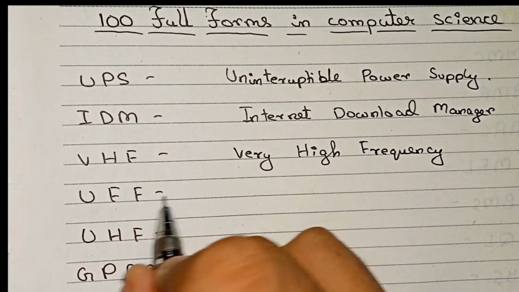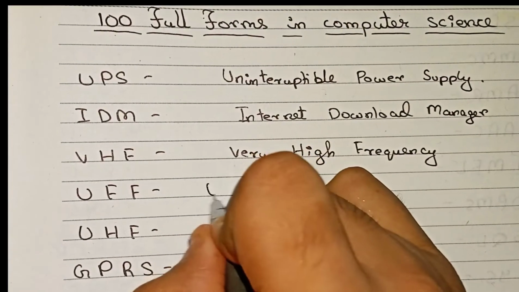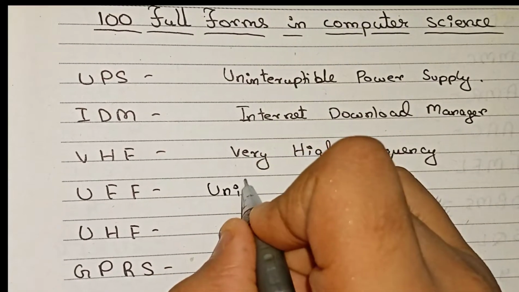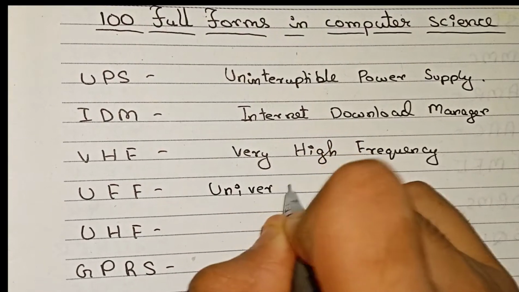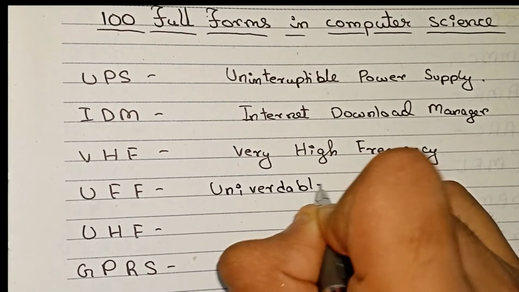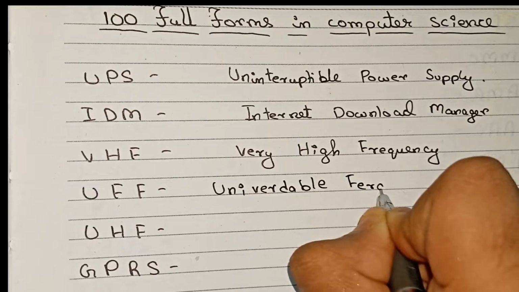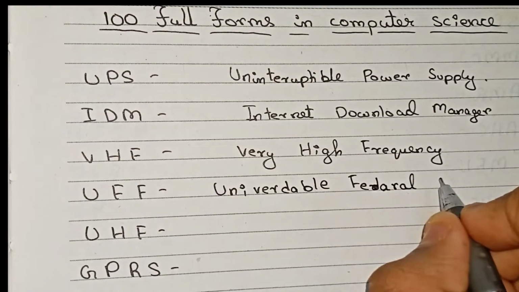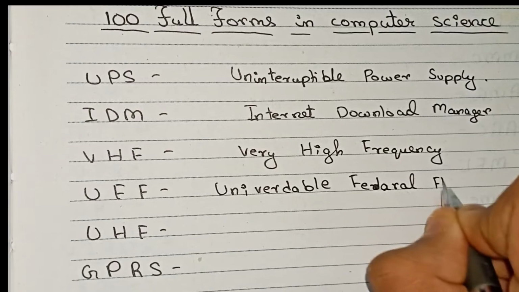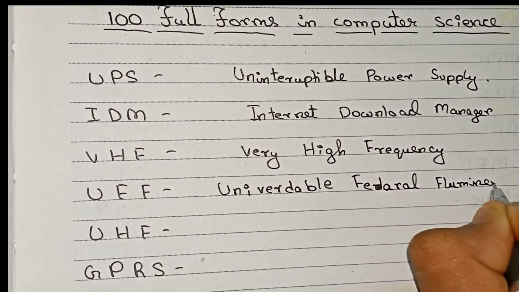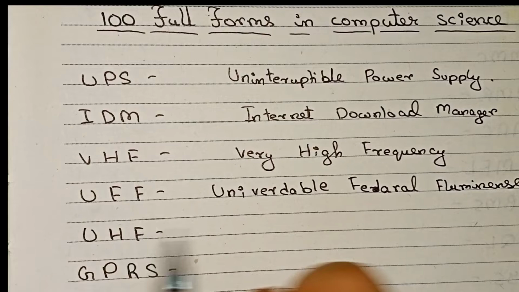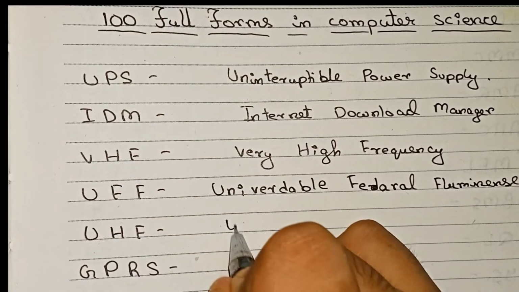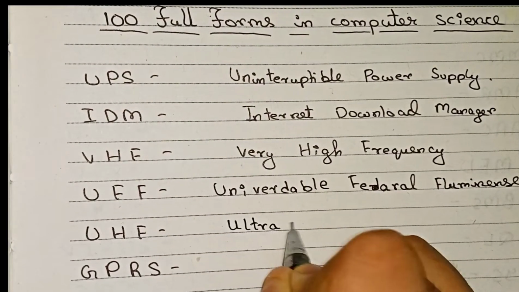Our next is UFF, that is universal federal fluminance. Our next is UHF, that is ultra high frequency.